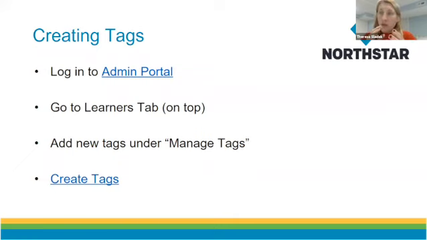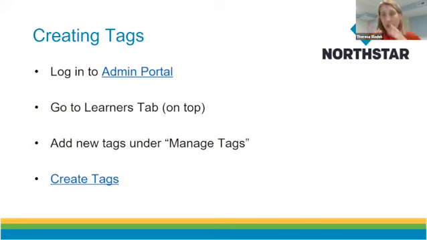We're going to first talk about one thing to think about when you add a learner: in NorthStar, you can tag them. And the tag can be whatever is useful to your organization. So it may be that you say, I want to see in a sub-report only those learners that are in my class. So I might tag it with, say, teacher Theresa, or maybe the name of the class.